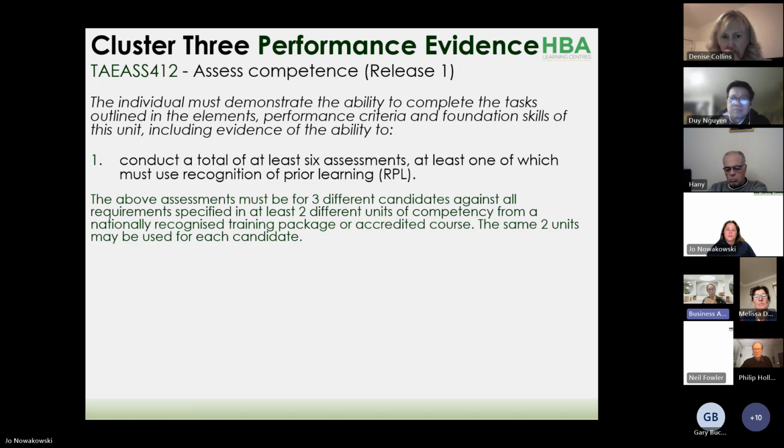And then the other unit of competency also the same for another record. For example, unit of competency A for person A and B, and then unit of competency B for person A and B. That's right. Because that makes up our 6, right? We have 2 for RPL, 2 for person A, 2 for person B.